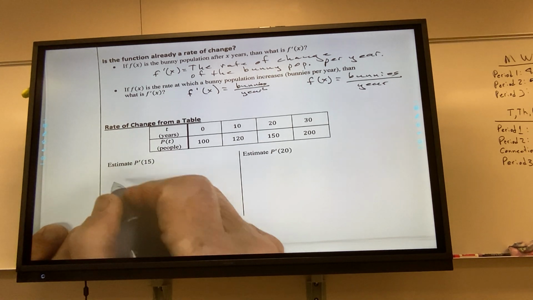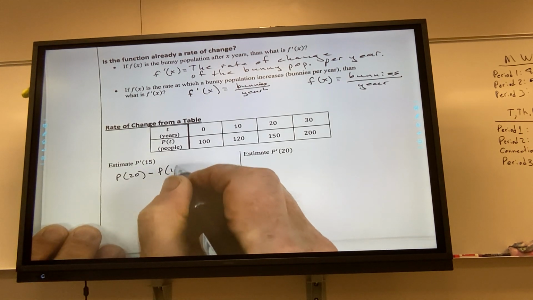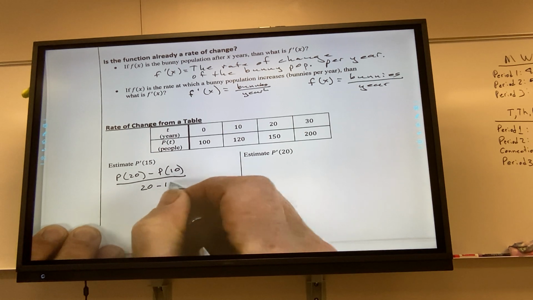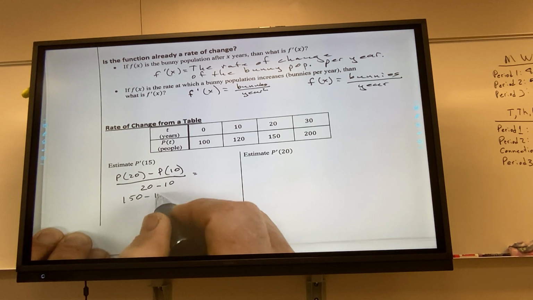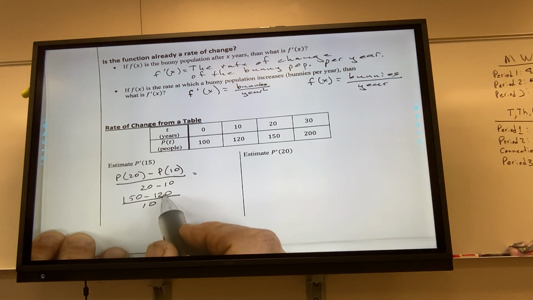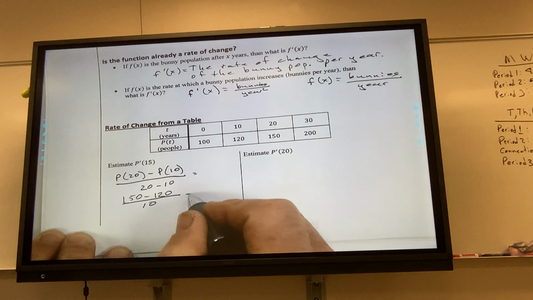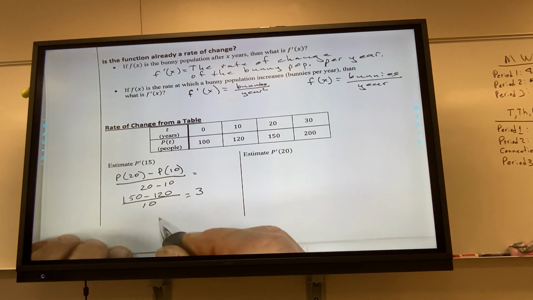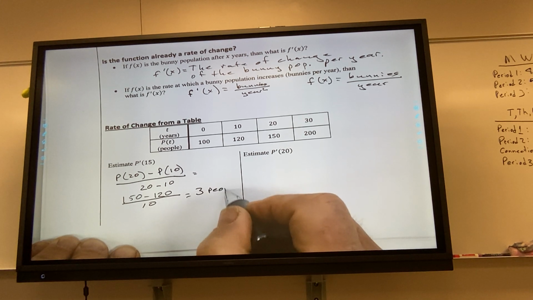So I'm going to write it this way: P of 20 minus P of 10 over 20 minus 10, and you get 150 minus 120 over 10. That 150 minus 120 is 30, 30 divided by 10, the answer is 3. 3 what, Austin? 3 people per year, perfect.